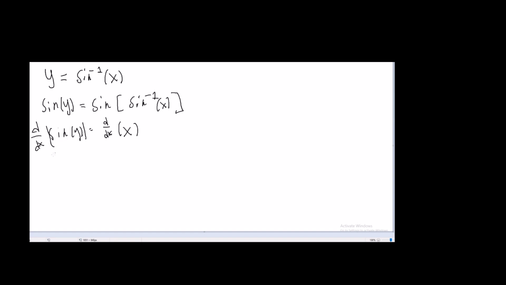First, the derivative of the outside is cosine of y, and then multiply it by the derivative of the inside, which is dy/dx, is equivalent to 1. Now we have that dy/dx is equivalent to 1 over cosine of y, if we just divide both sides by cosine of y.